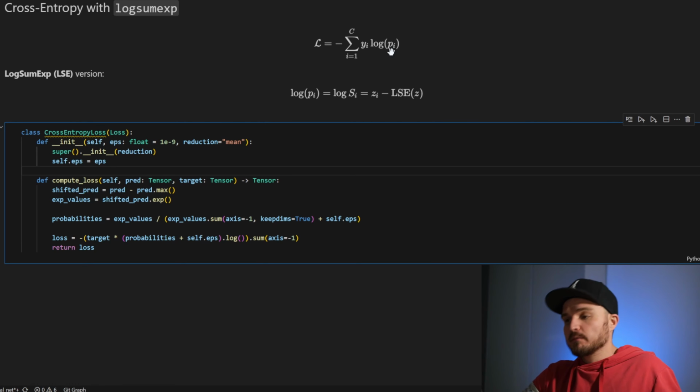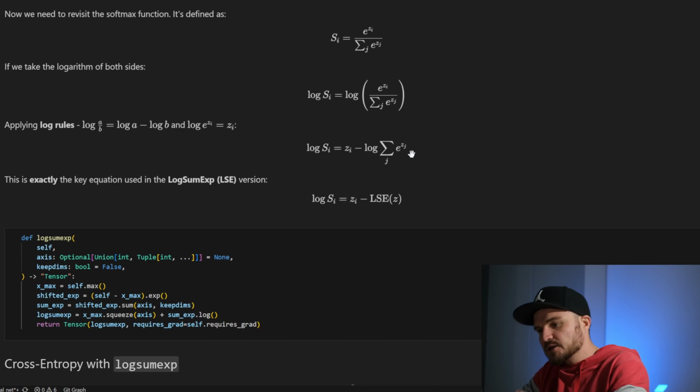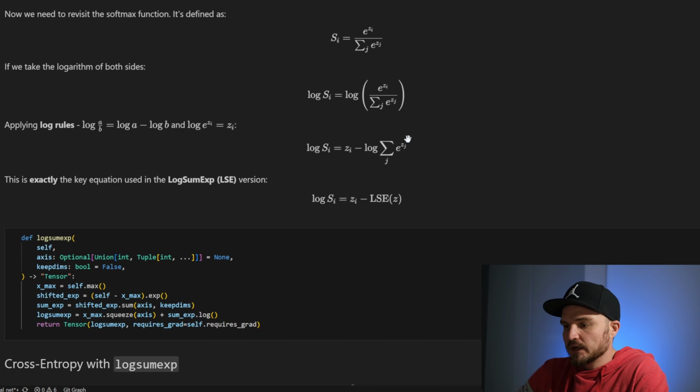As far as I remember, we applied the logarithm rules, and based on them, we can convert this logarithm of the softmax to the logits minus the log sum of the exponent of the logits. In our case, we can use the logits minus the log-sum-exp of the logits. So we can implement it easily using the log-sum exponent.